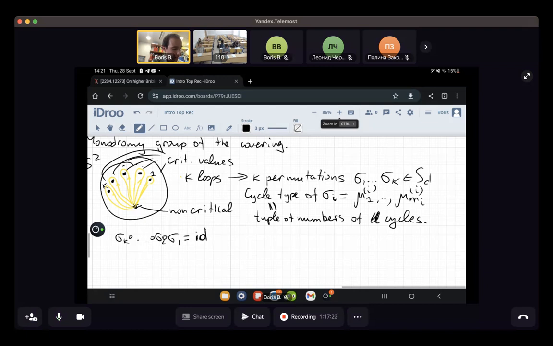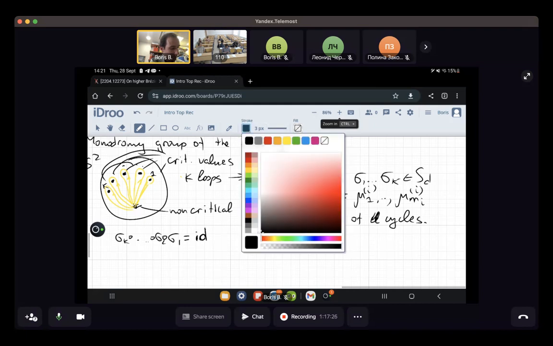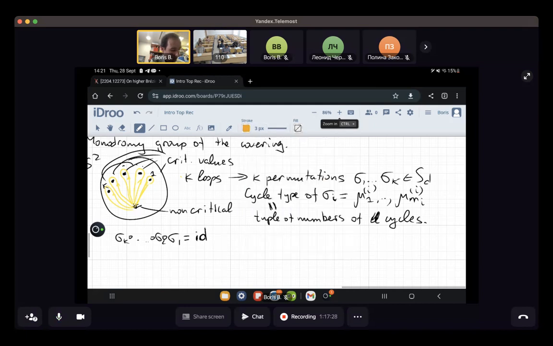And in the case of simple Hurwitz numbers, we have exactly m transpositions because we have m simple critical values with cycle type 2, 1, 1, 1, 1, 1.